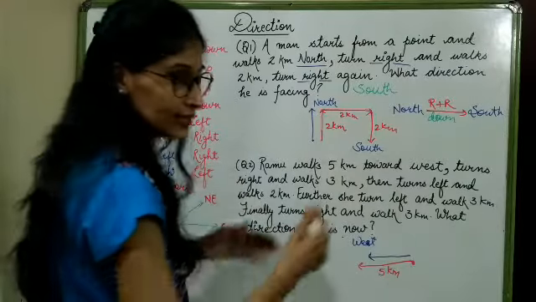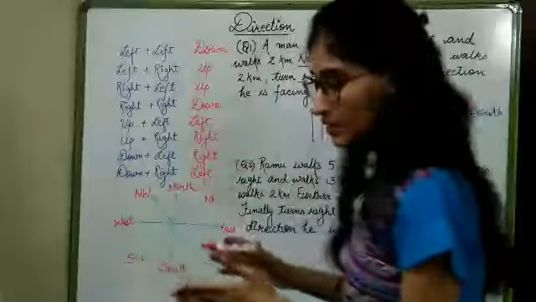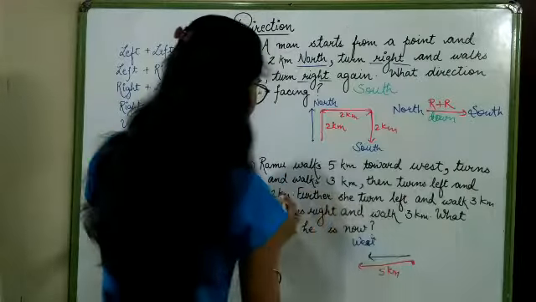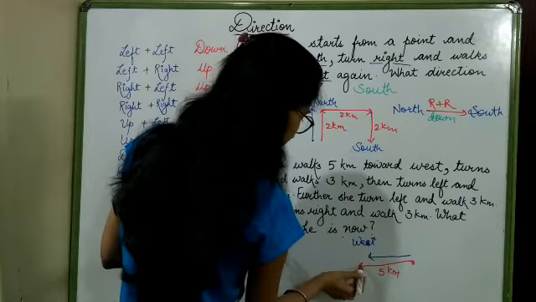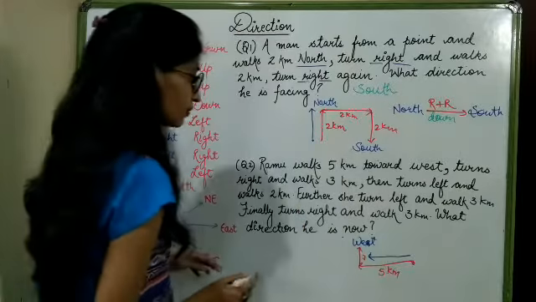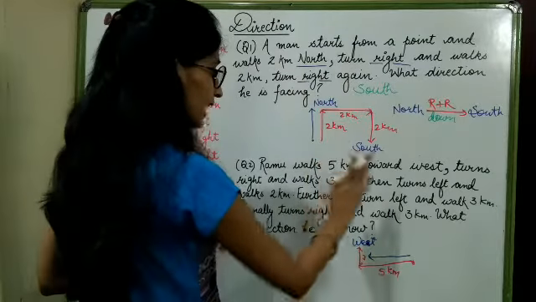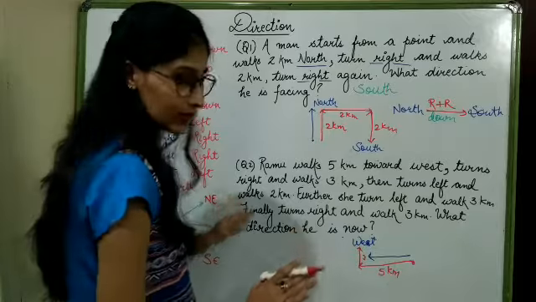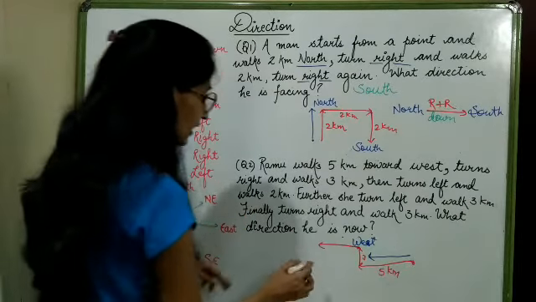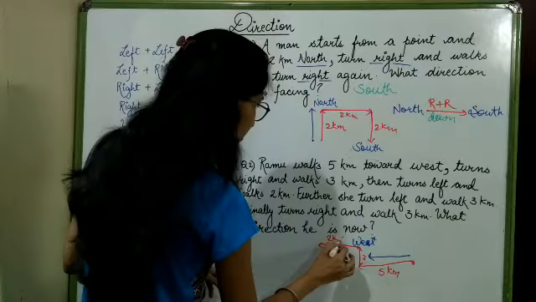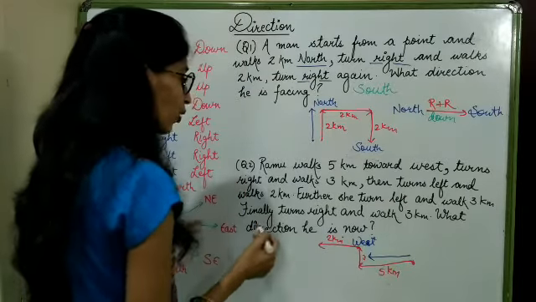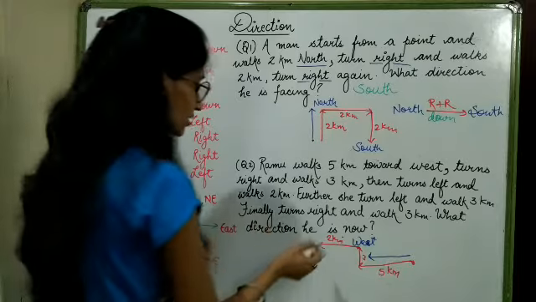Turns right. If he is walking like this, the right direction will be upward, and walks 3 kilometers. Turns right and walks 3 kilometers. Standing like this, then turns left. Left will be here and walks 2 kilometers. Further, she turns left and walks 3 kilometers.